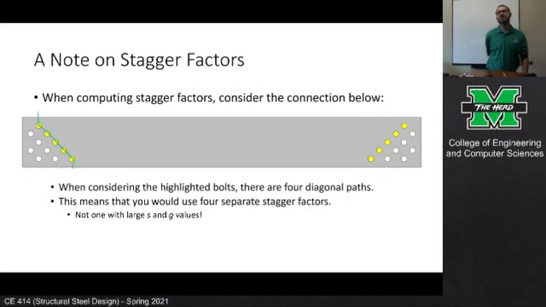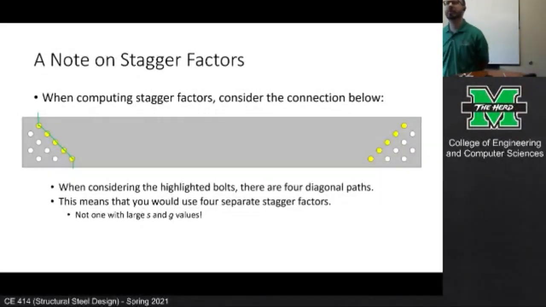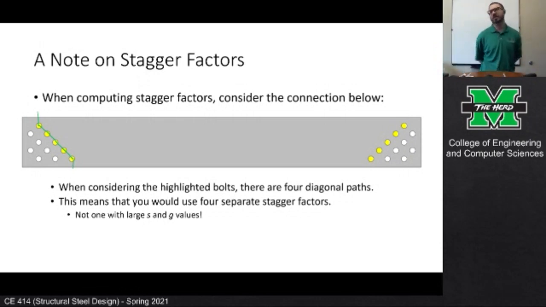This failure path would go through 1, 2, 3, 4, 5 bolt holes. So the way that we would compute the net area is we would take the gross area, we would subtract 5 bolt holes, but we would add up 4 stagger factors.